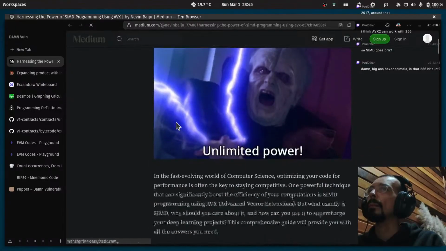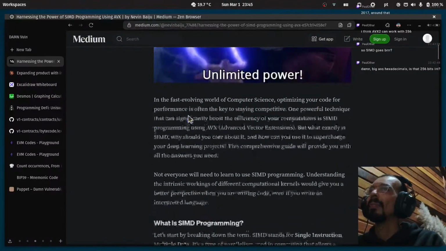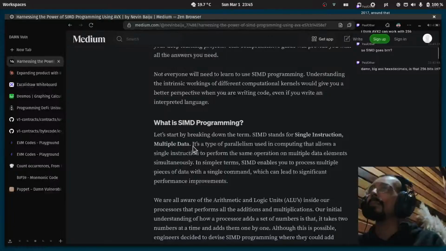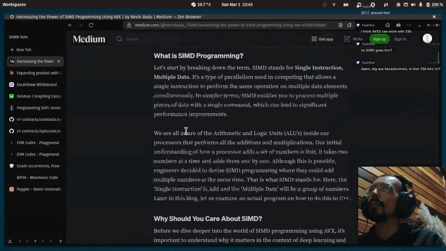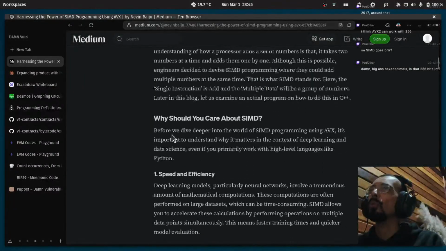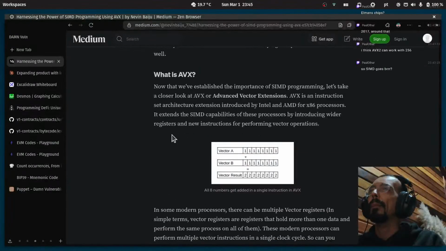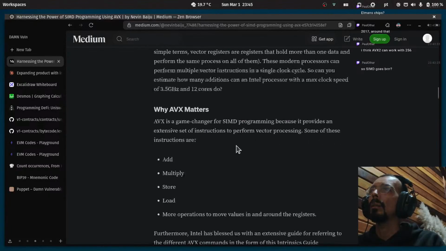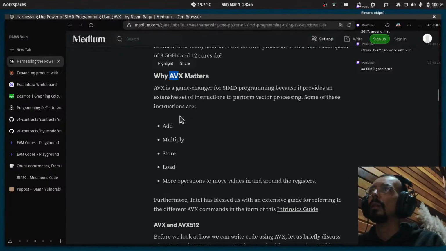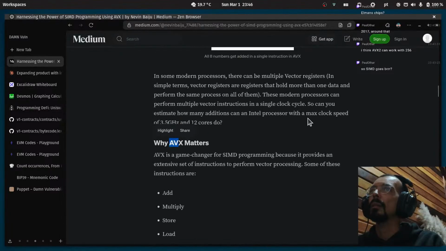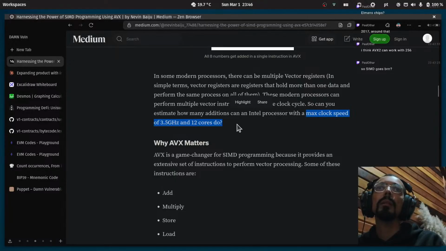Yep. All right. Gonna trust him. AVX. Max clock speed, 2070 or around that.